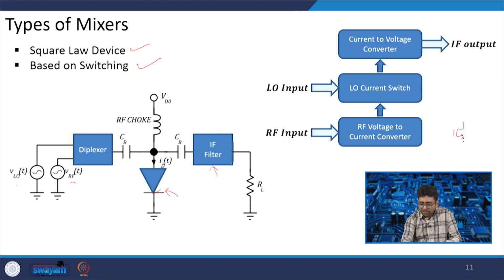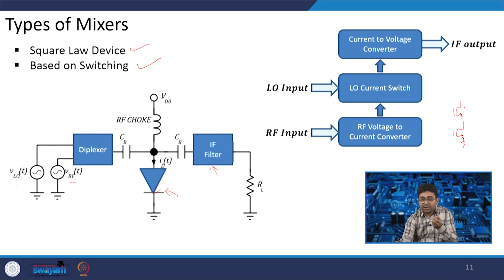Then we need to switch this RF current. Whatever incoming signal is there, converted to current, that current is switched by using the LO. To represent the LO, again we can use a MOSFET which can do the switching. We can also use a BJT for the same.